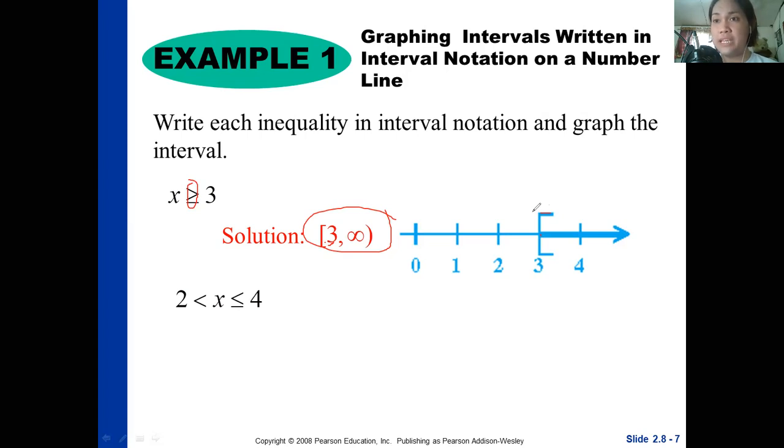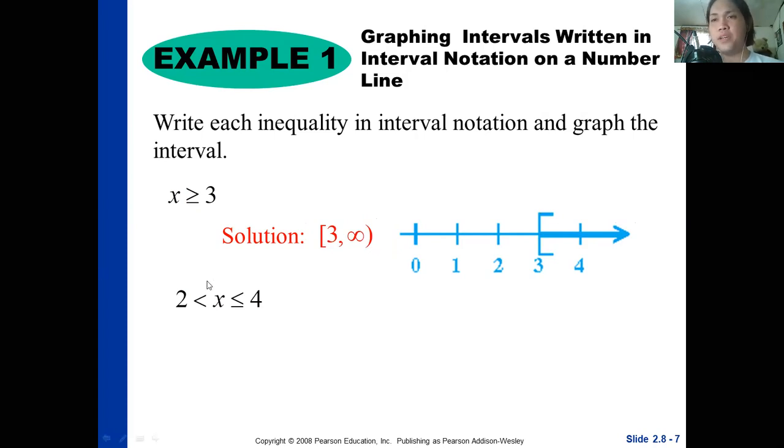Closed. The 3 is included, and it goes to the right side of the number line, because it goes to positive infinity. Okay, so that is the symbol and then the graph. Again, this shows the interval notation and the graph of the given linear inequality x is greater than or equal to 3.